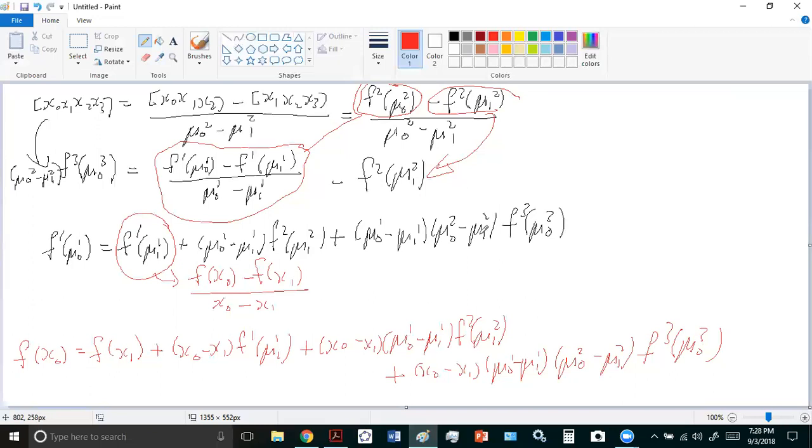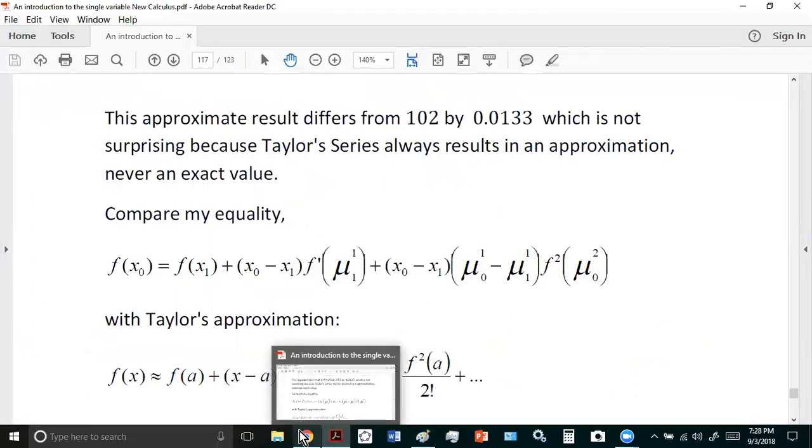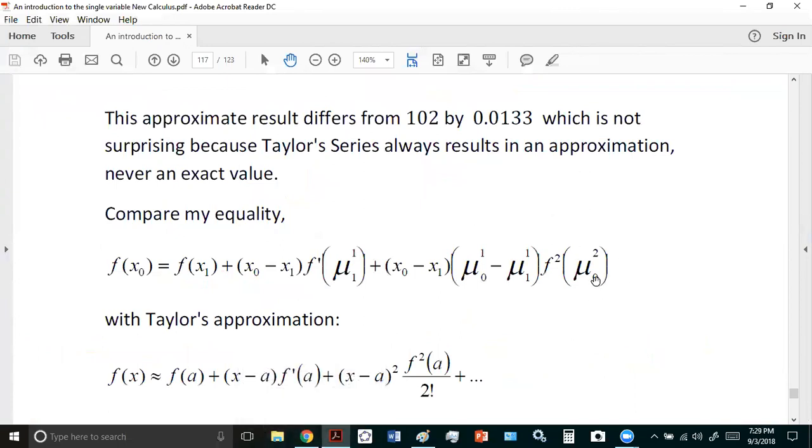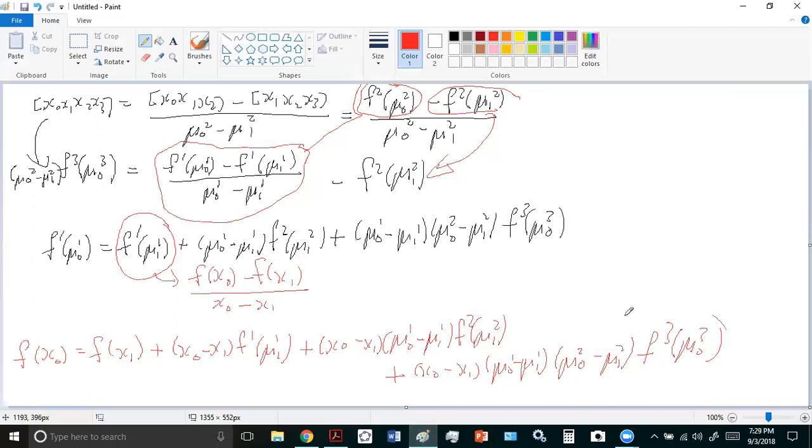Okay, so this is basically how you get back to the term that I showed you in the applet. Okay, so the term I showed you in the applet, this becomes a 1, and we add this last term here.